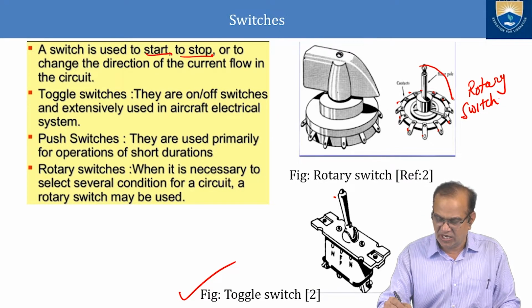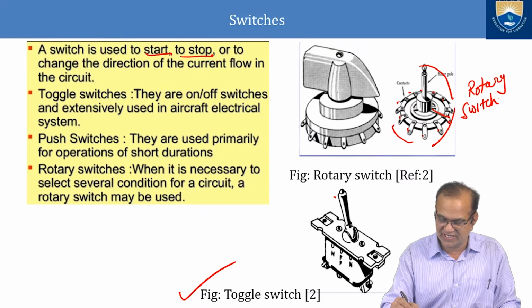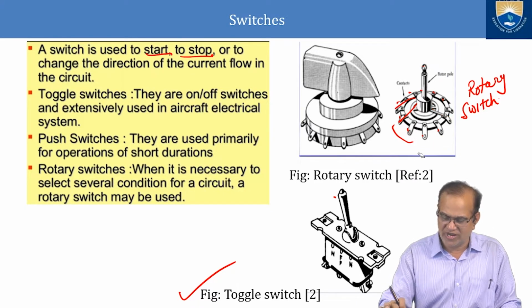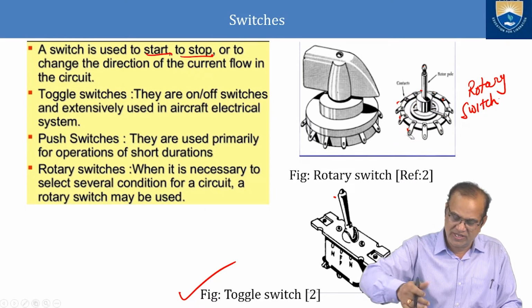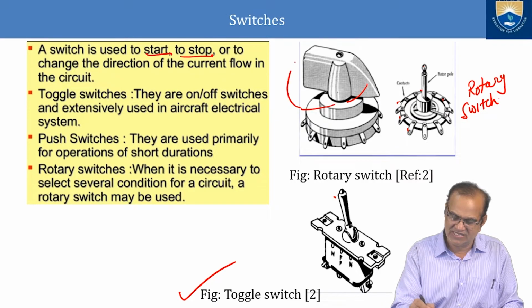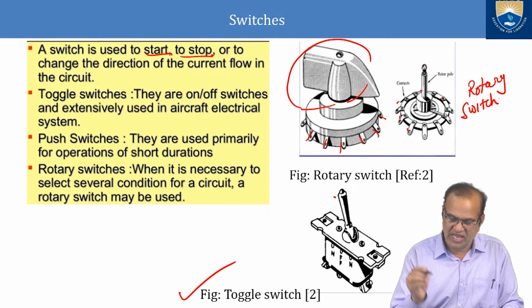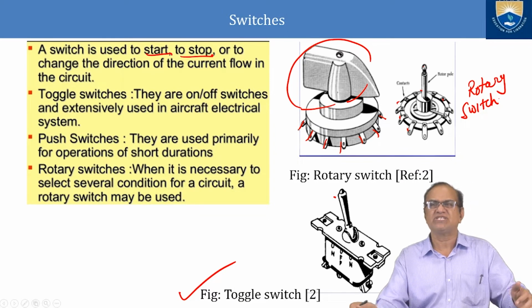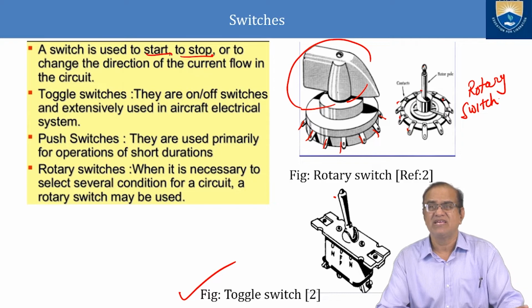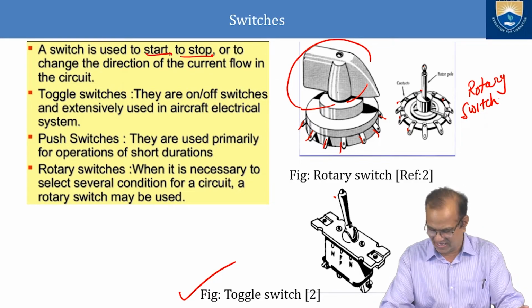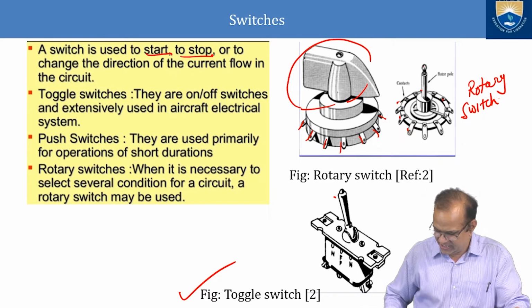You can change wherever you want, and it will be connected to the respective point. You can rotate it and it will indicate which position it is connected to. These switches are also used in many places in our aircraft. So these are the switches.